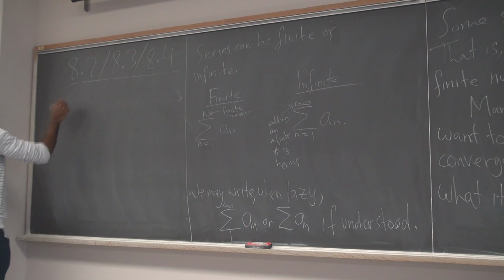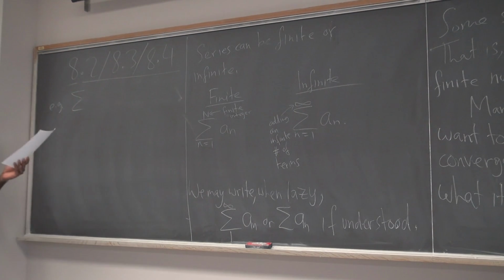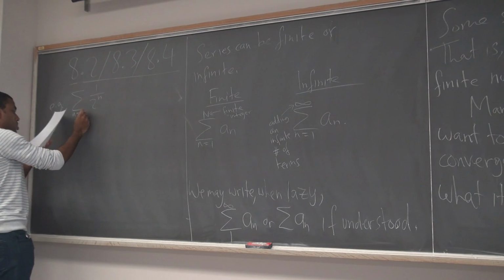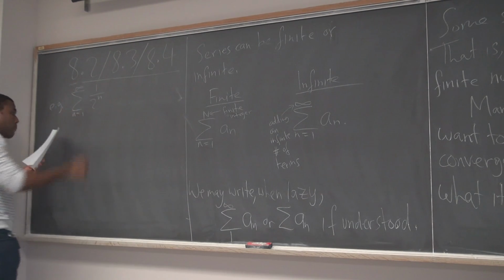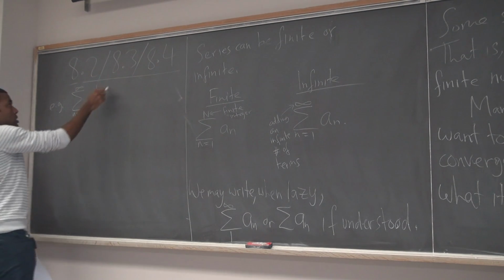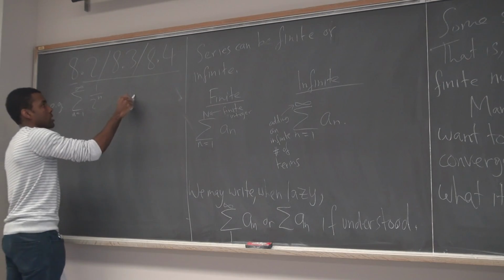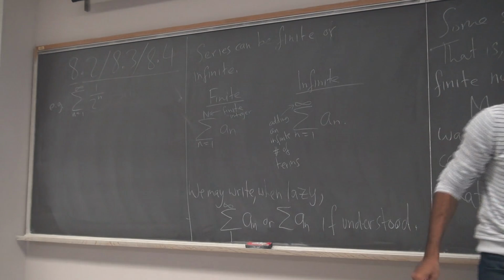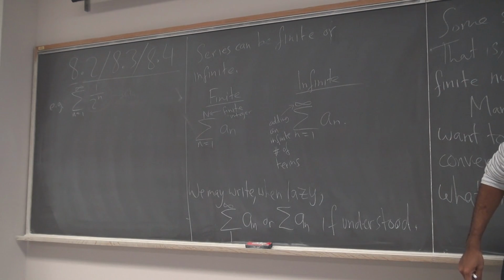Example. Let's look at this series: the sum of 1 over 2 to the n, n goes from 1 to infinity. So this is like my an here. I'm going to describe how we can figure out that this guy converges. We can even figure out what he converges to.